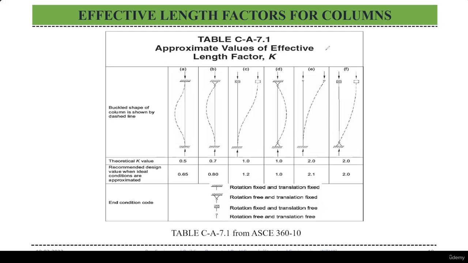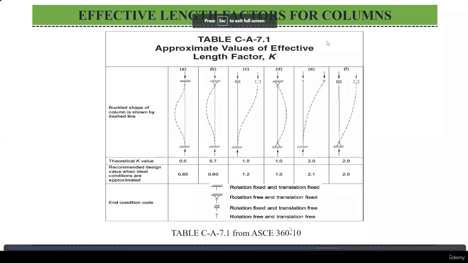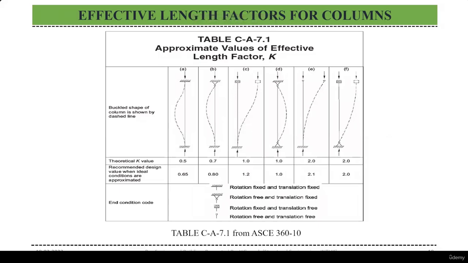Generally, in IS 800, it is in Table 11. Here, in AISC 360, you can observe Table C-A-7.1. These are the effective length factors for columns.